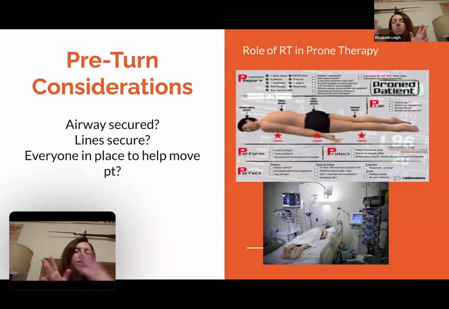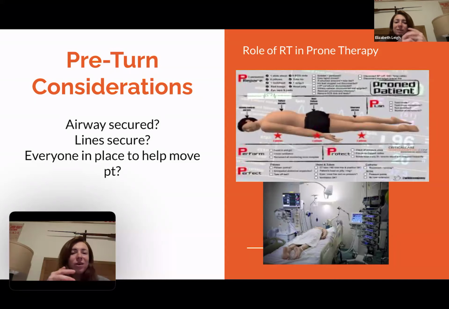So before we prone the patient, there are some things to consider. First off, is the tube secure? Is it at the proper depth that it should be at? Has the patient already gone to CT? Have they already done their lab work or whatever needs to be done for the day, or has their sputum sample been collected?